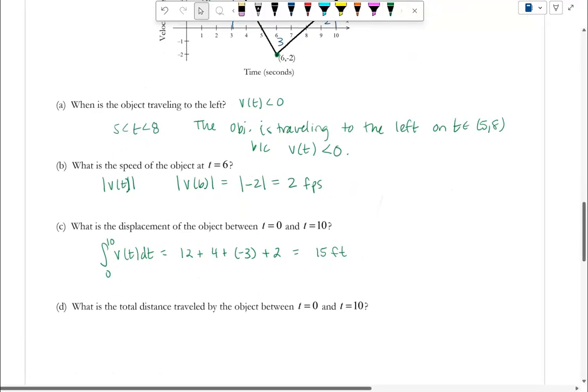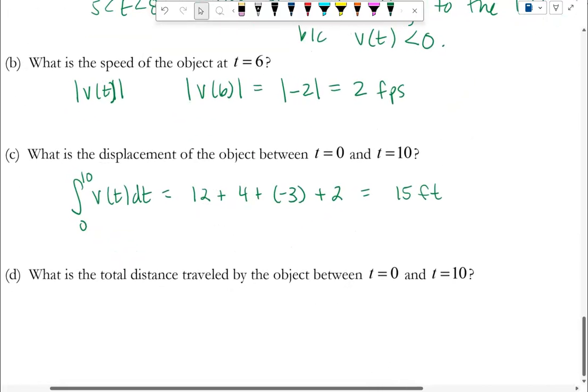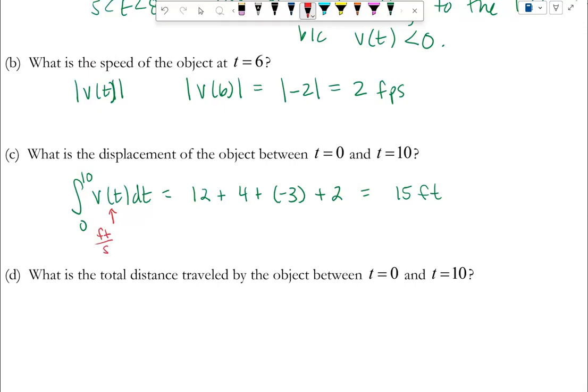I want to point out something important here if we consider our units. When we measured velocity, we said velocity was measured in feet per second. And remember, we said this dt is not just an ornament, it's not decorative. It represents our delta t. This represents the differential of t.